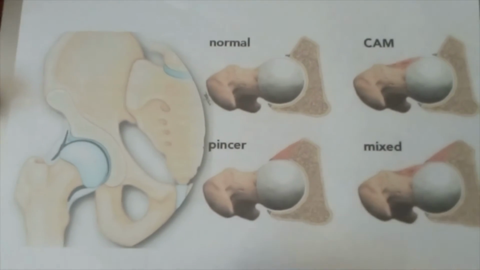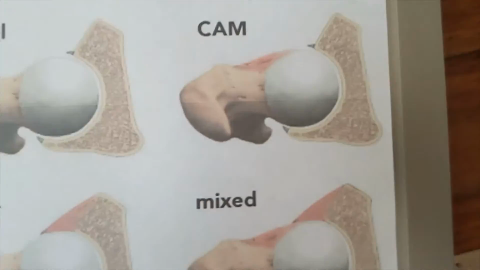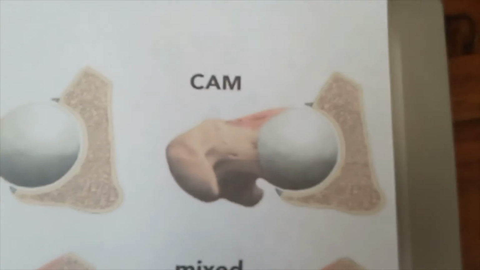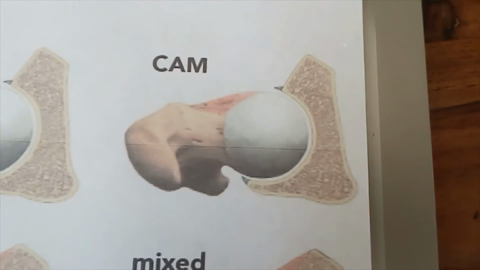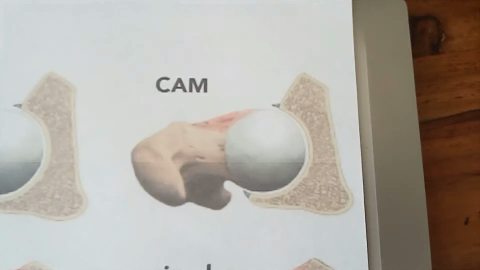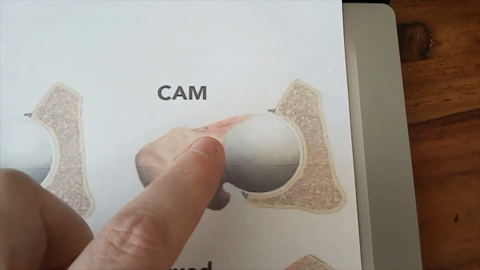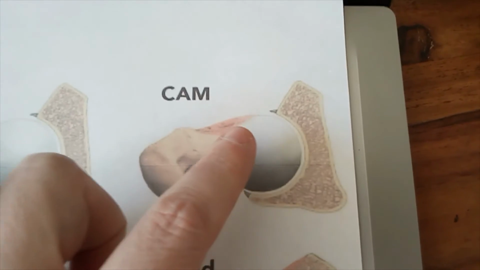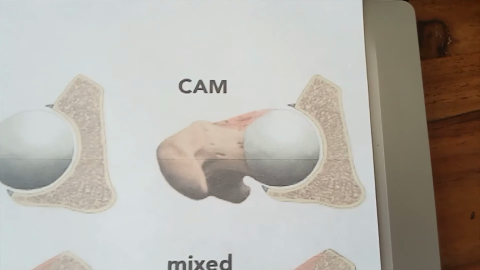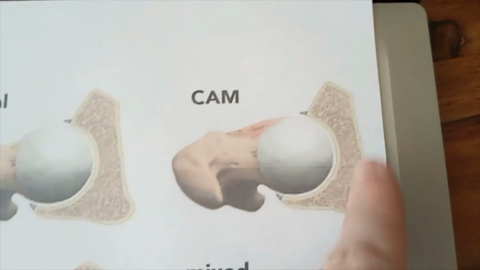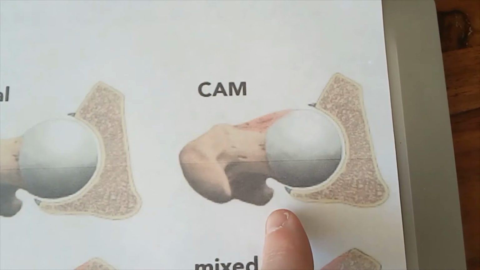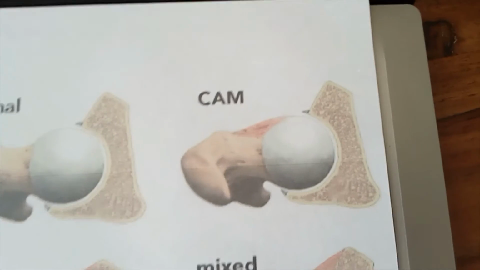Then we actually have what is known as cam impingement. So cam impingement is where the head of the femur, or the ball, isn't as round as it should be, so it can't rotate smoothly within the acetabulum, or the socket.